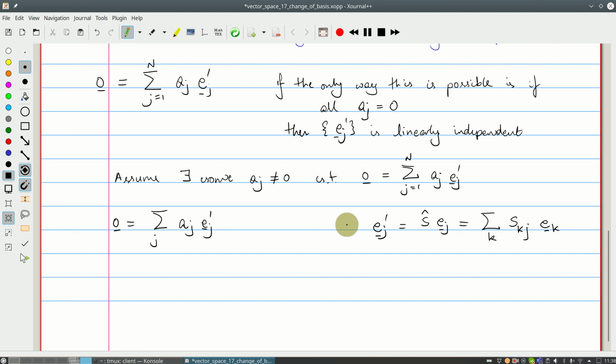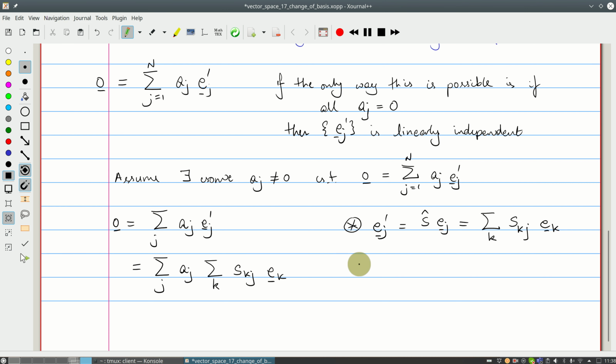So we know this here. We put that in here, and then we'll have the double sum over j, then we have the a_j's, then we've got the sum over k. Now both sums go from 1 to n, so I'm going to skip the limits here. Then we have the S_kj e_k.